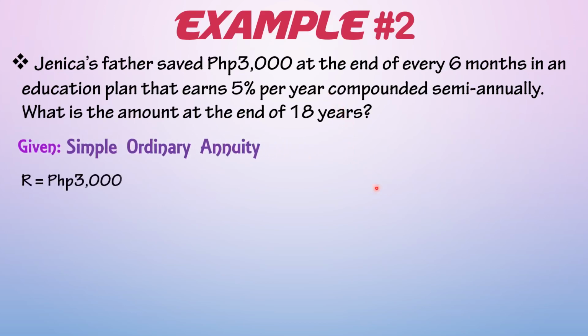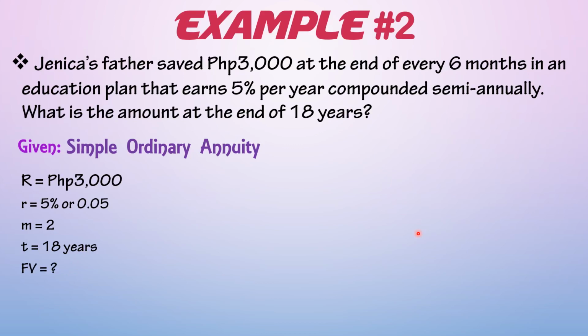So the given here is your periodic payment is 3,000 and then R is 5%. You have your conversion period which is semi-annually. So you will have here 2, or twice a year. And then you are asked to find the amount after 18 years. So the time is 18 years.